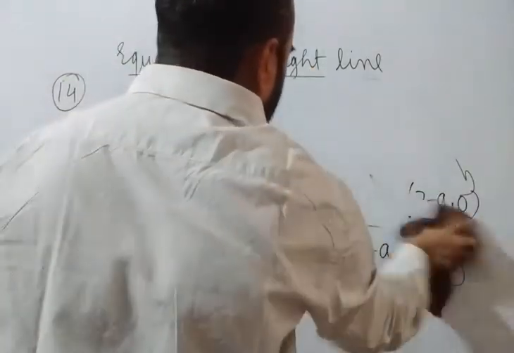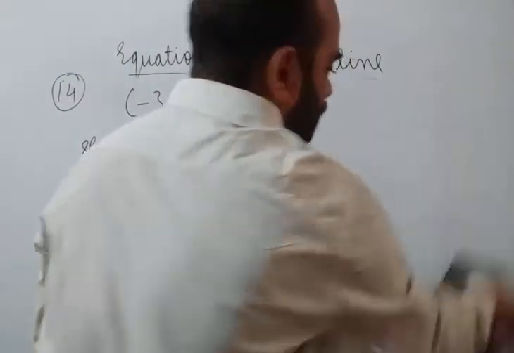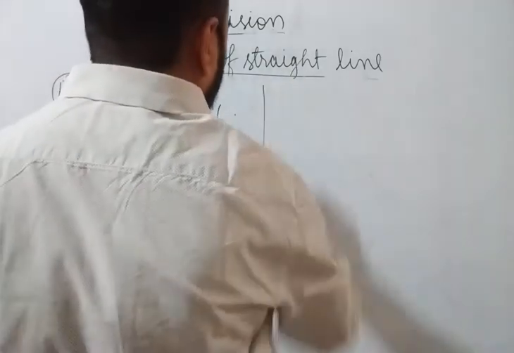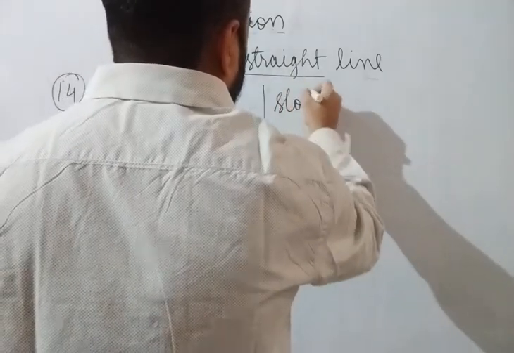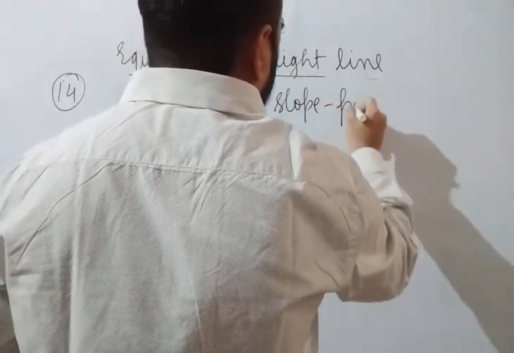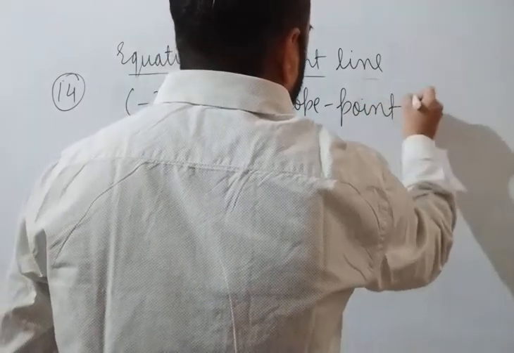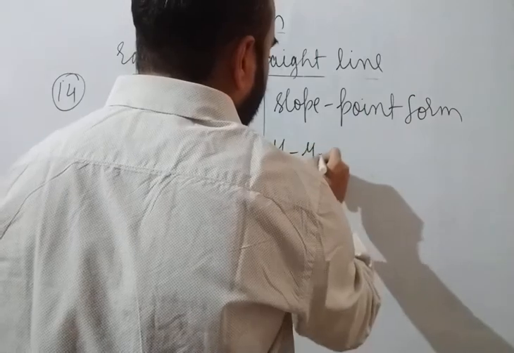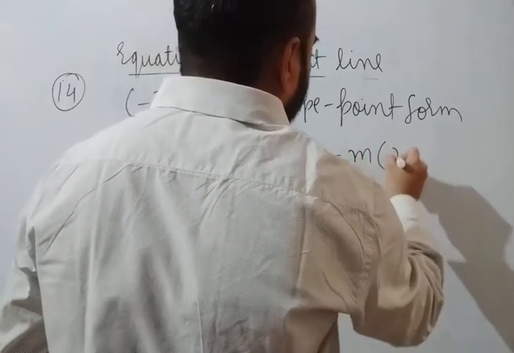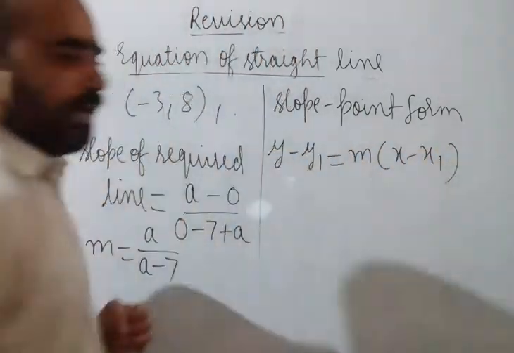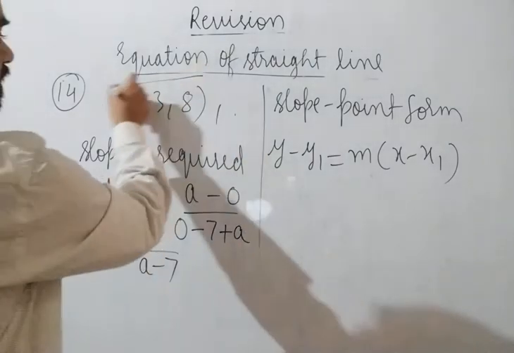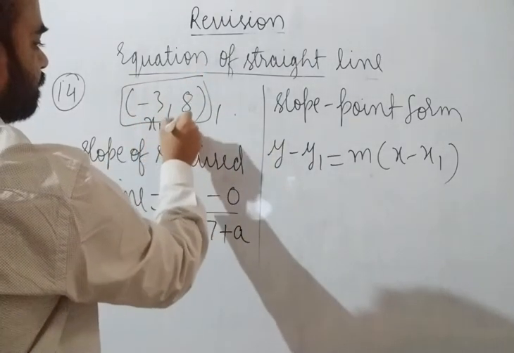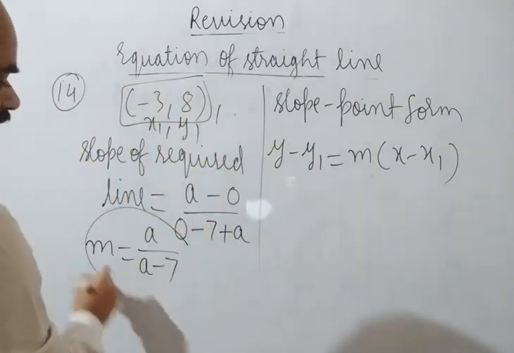Next, we can find the equation using the slope point form. What is the slope point form? y minus y1 is equal to m times (x minus x1). So this is x1, y1, and the slope we have already calculated.